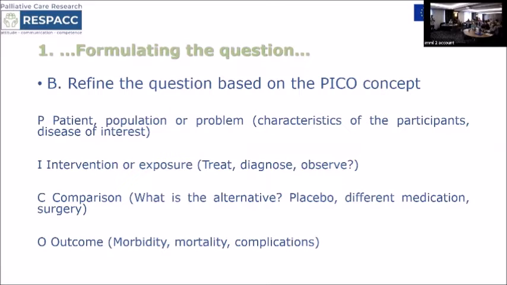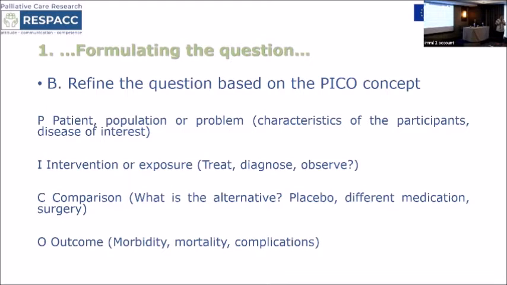What is the intervention here? What analgesic do I want to think of as intervention? What analgesic do I want to have as comparison? And is placebo okay? Is it okay to do a study with placebo in our patients? What do you think? I see some heads like this.